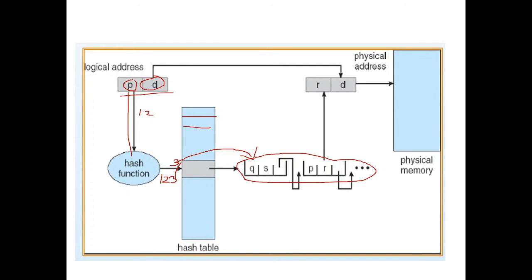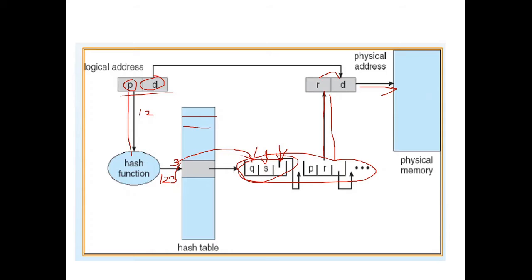We find three entries here: one is the page number, next is the frame number, and next is the next linked list address. The frame number will be taken and added with the instruction number, the offset, and then the physical address will be generated.